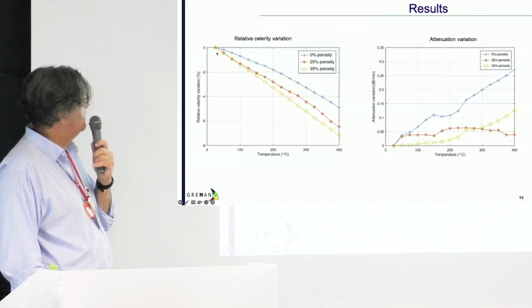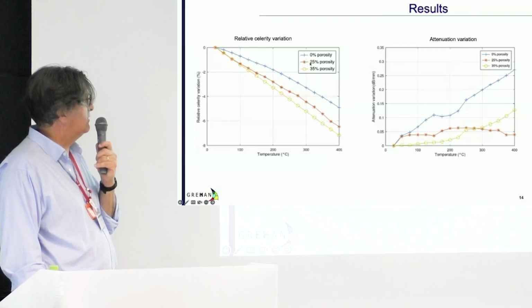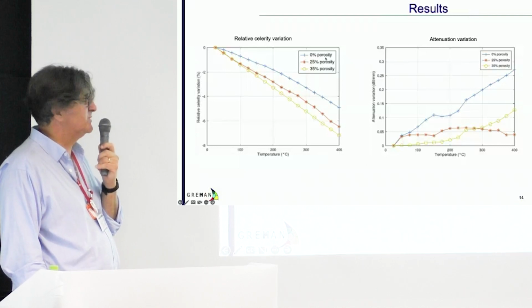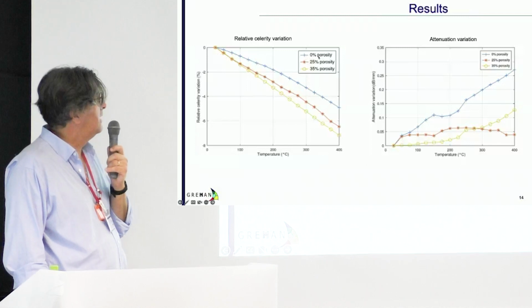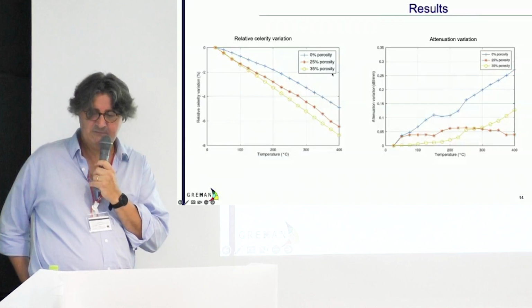First, we could test two samples. One, in fact, three samples. One with zero porosity, plain metal. One with 25% porosity, and one with 35% porosity.